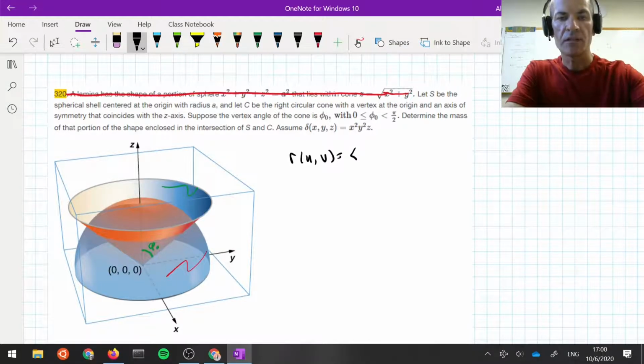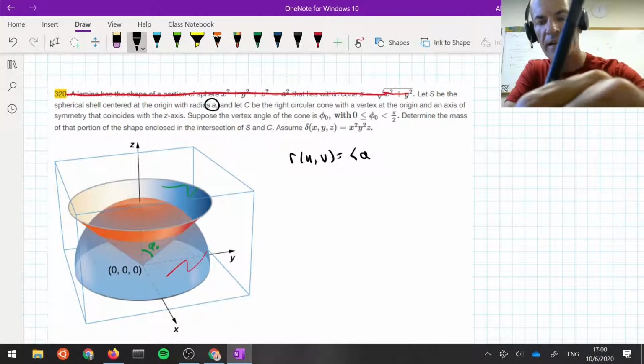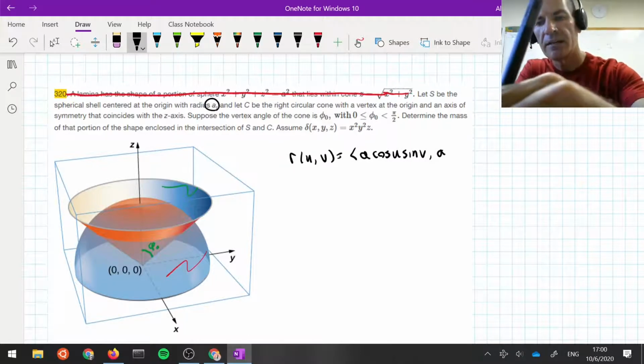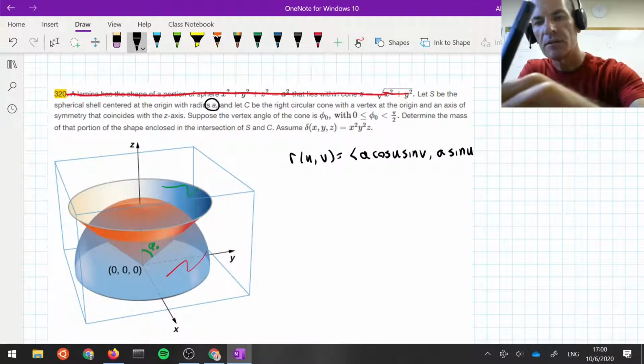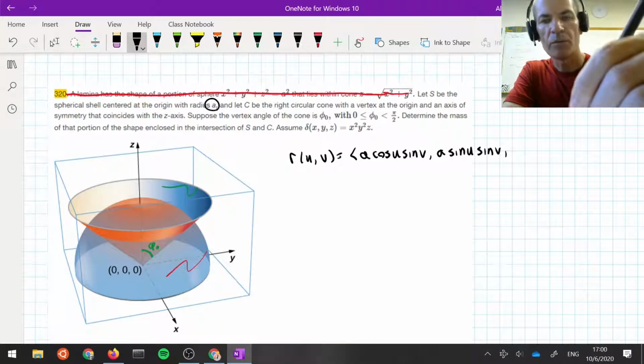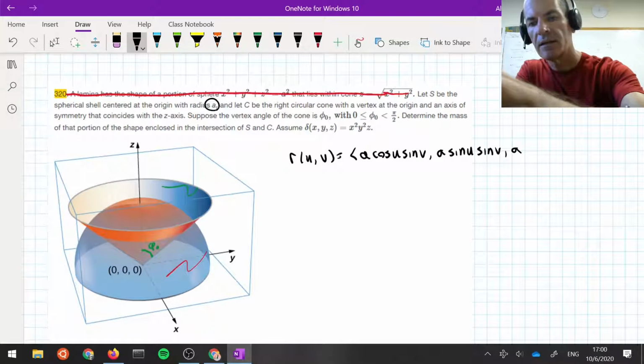In this case, it's radius a, so rho is a, and we have a cosine u sine v, a sine u sine v, and then finally we have a cosine v.